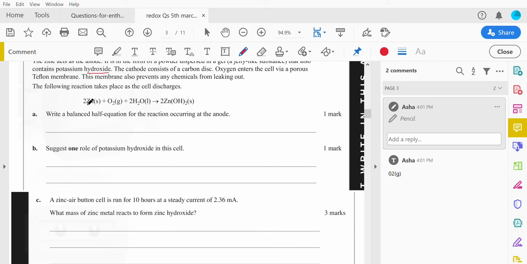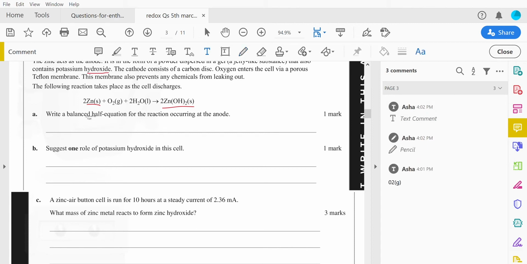So, at the anode, well, we've already been told that zinc's at the anode, so we know it's going to be this and this. I am going to use text here because I think it might be more simple. I've got my zinc solid, and I'm going to produce my zinc hydroxide solid.